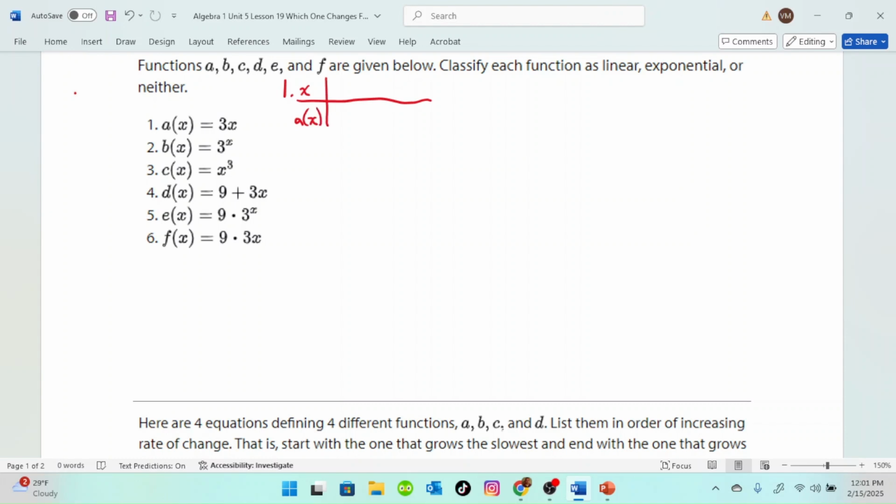And so if we started with 0, 0 times 3 is 0. Then if we used 1, 1 times 3 is 3. If we used 2, 2 times 3 is 6. If we used 3, 3 times 3 is 9.